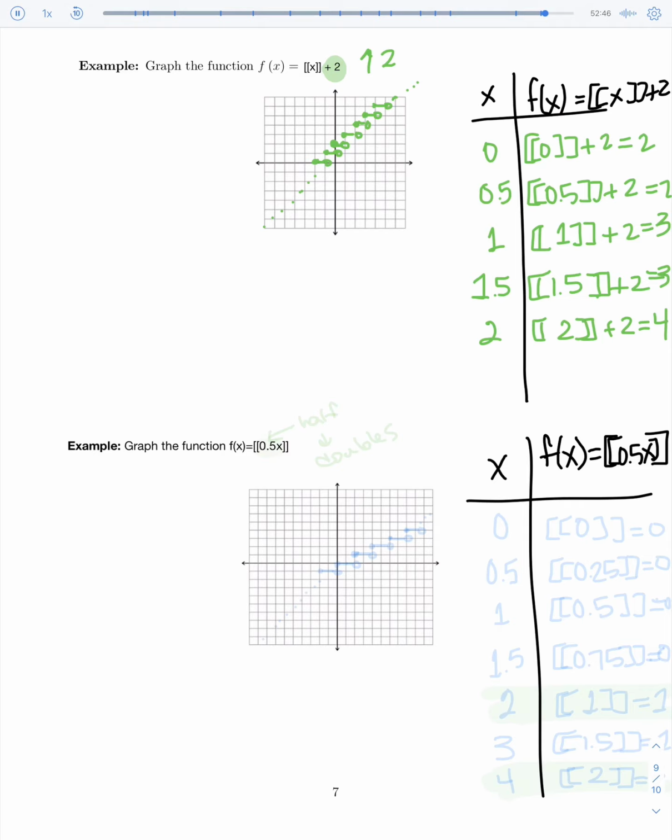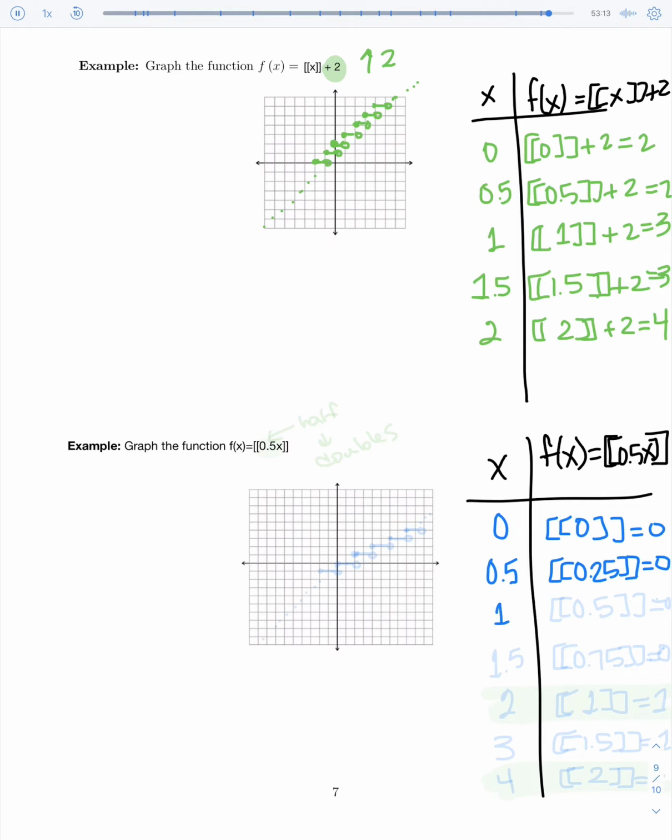So let's plug in a few more values that are decimals just to get an idea. So plugging in 0. Well, 0 times the 0.5 inside would still give you 0, which will stay as 0. Let's see, plugging in 0.5 or half. Well, 0.5 times 0.5 would actually give us 0.25, which would stay at 0 as well.